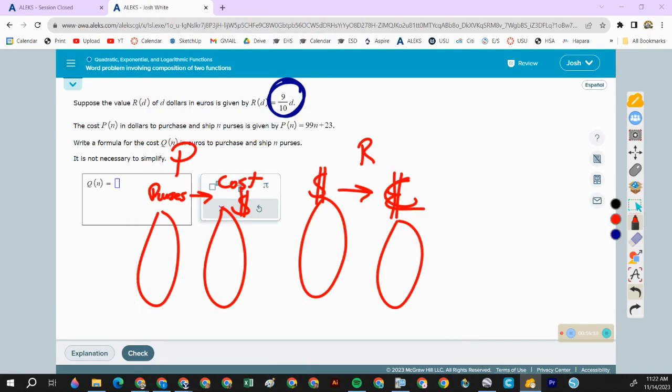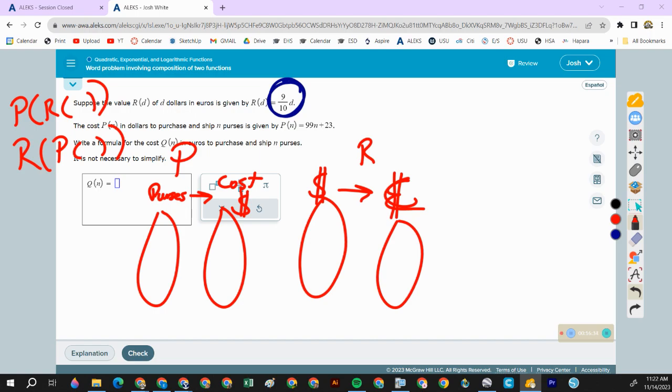Okay. So how do I write that? Is that P of R or is that R of P? So which one has to happen first? P. So it needs to be on the inside.